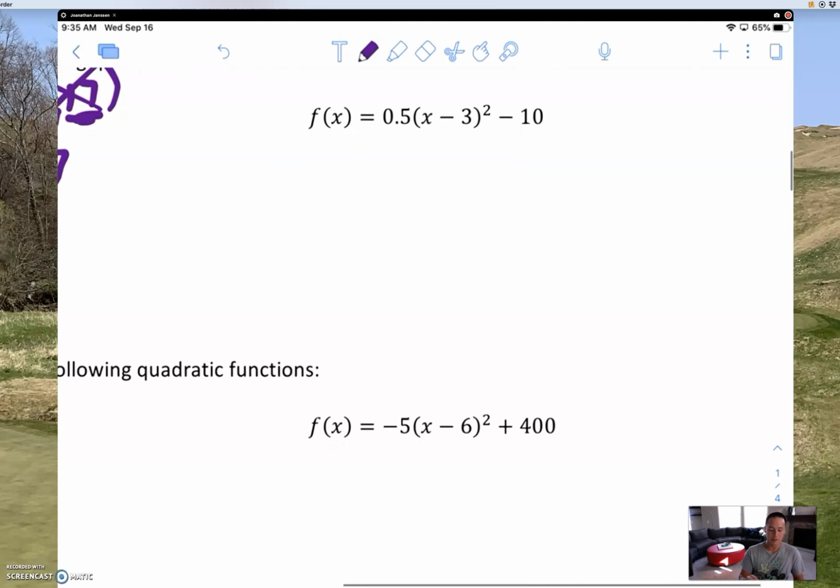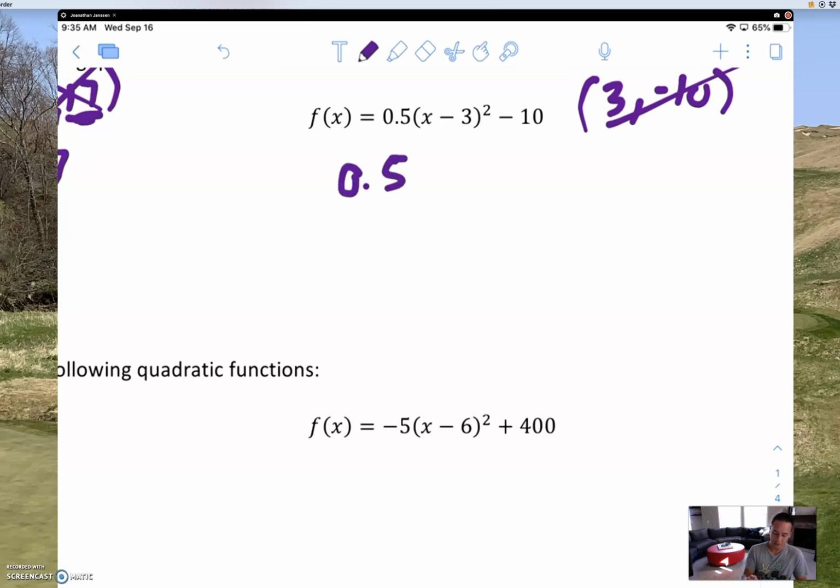We'll try one more, just with a decimal. Again, if you look at this one, you can immediately say, hey, I know the vertex is (3, -10). But on this question, I didn't ask you to find the vertex. I asked you to find the Y-intercept. So we're just going to take that function and replace X with 0. Then we can simplify it. 0 minus 3 is -3. -3 squared means -3 times -3, which is +9.